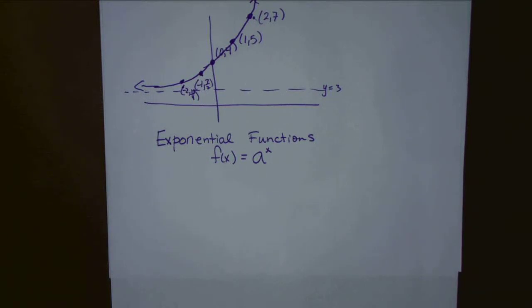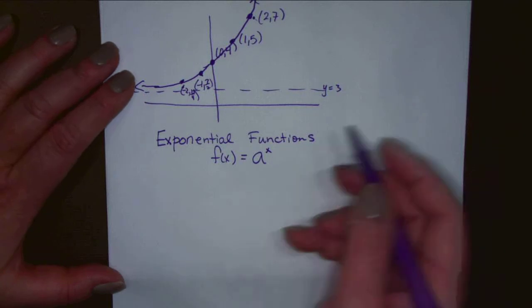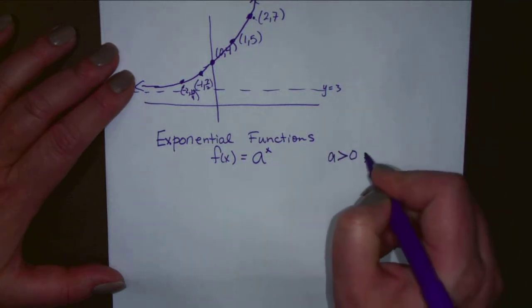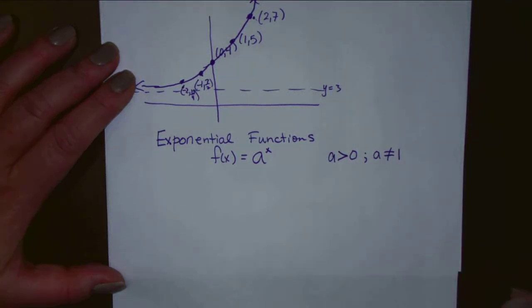A is a number. It's not 0 and it's not 1, but it can be any other real number. So let's say a is greater than 0 and not equal to 1. That doesn't mean it's greater than 1, because it could be a half or 0.2 or 0.3. It can be a decimal. It just can't be negative, and it can't be 1 itself.